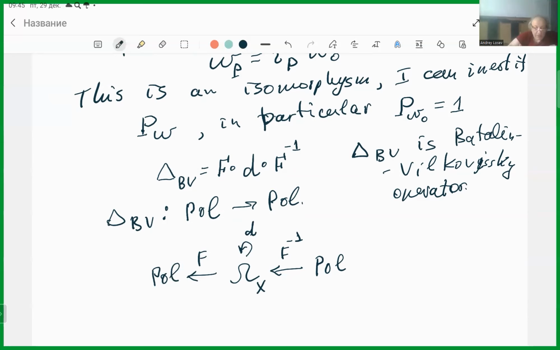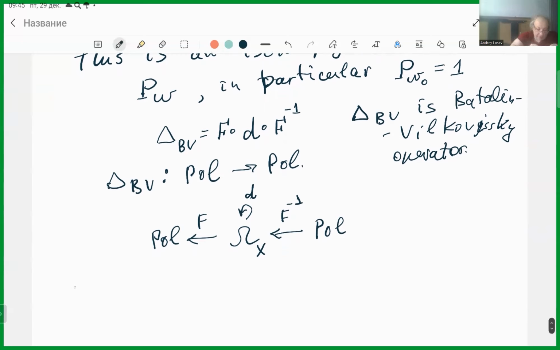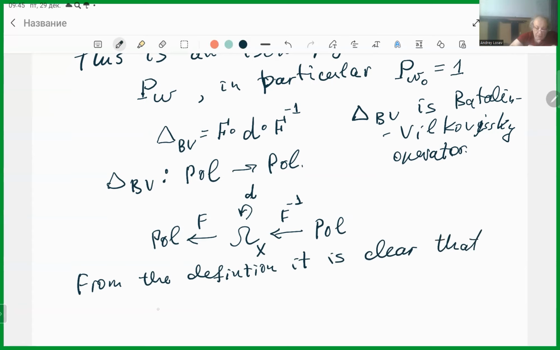It is instructive to compute delta BV. But before we compute it, let me remark that from the definition it is clear that delta BV squares to 0, really.